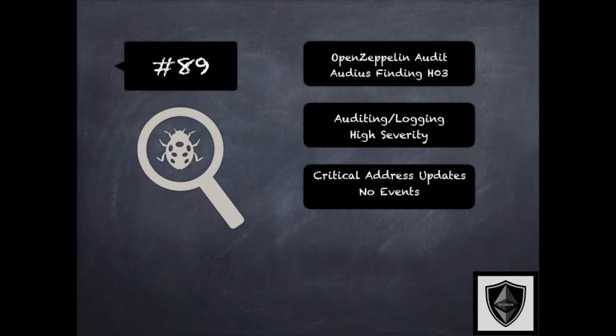However, these two functions did not emit any events, because of which stakers who monitor the Audius system would have to inspect all transactions to detect if any address they trusted was being replaced with an untrusted one, instead of simply subscribing to events emitted.